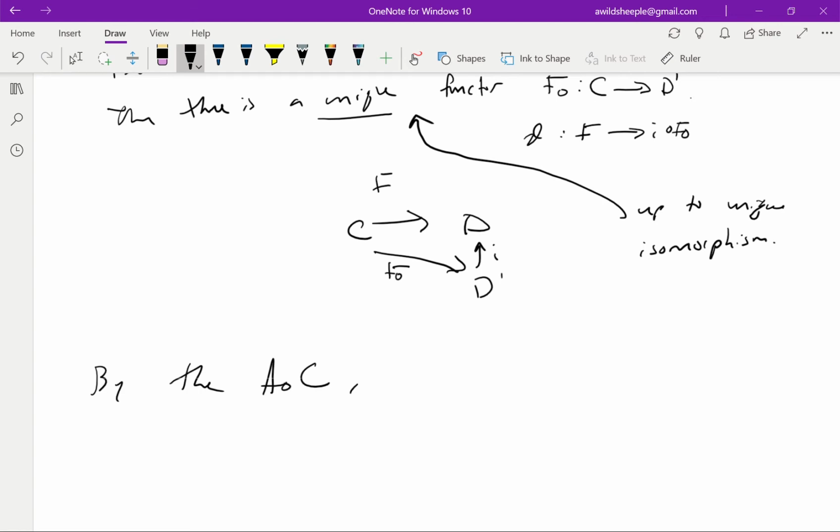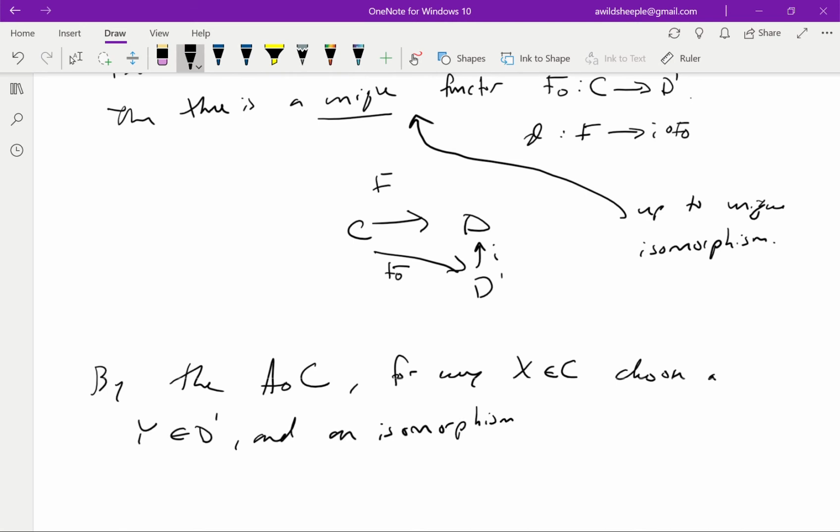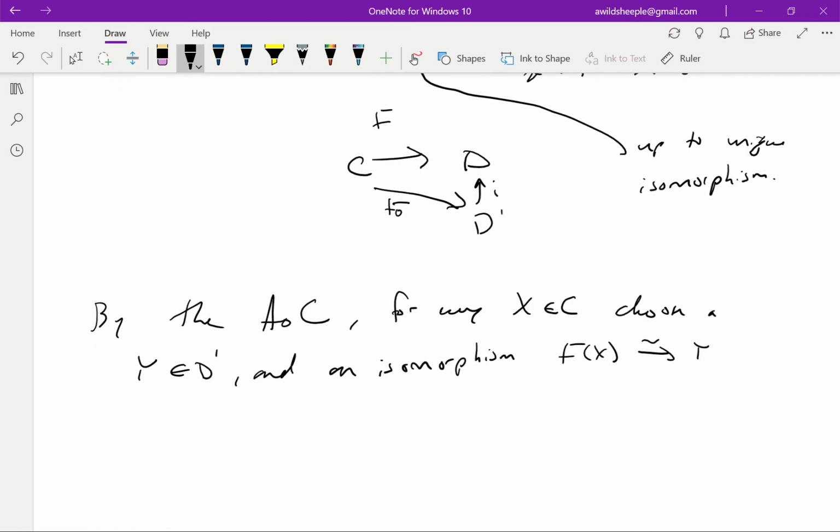For every x in C, we identify a y in D prime and an isomorphism, because there could be more than one, from fx to y.